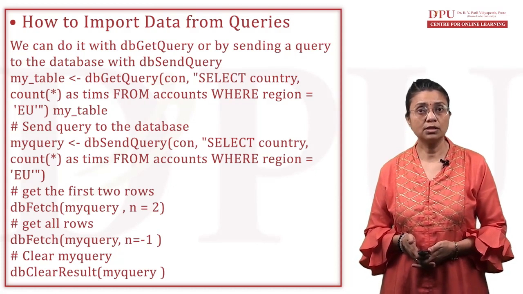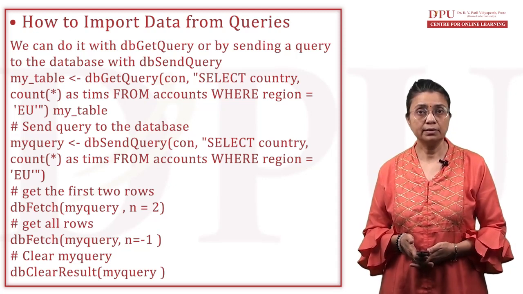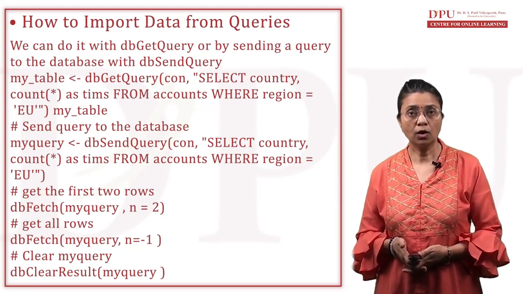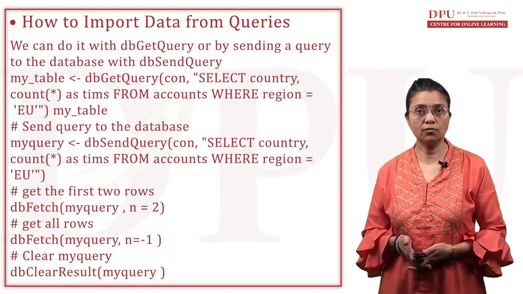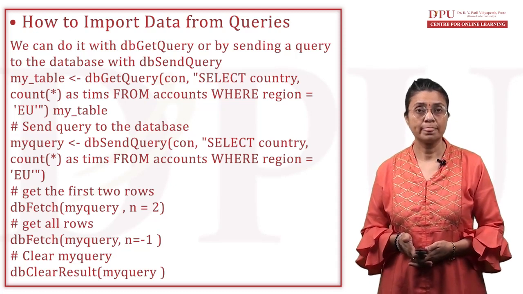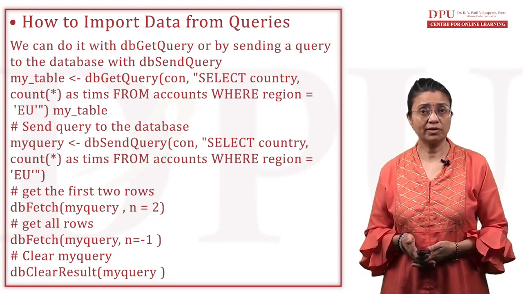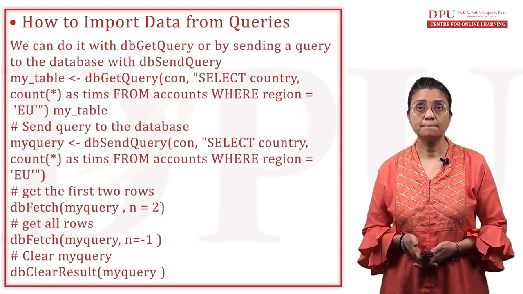If I want to have all the rows, in that case, what will I do? I will write db fetch my query, comma, n equals -1. So you can see over here that -1 is there, which is giving all the rows. Clear my query. If I want to clear my query, I will do db clear result and within brackets my query.